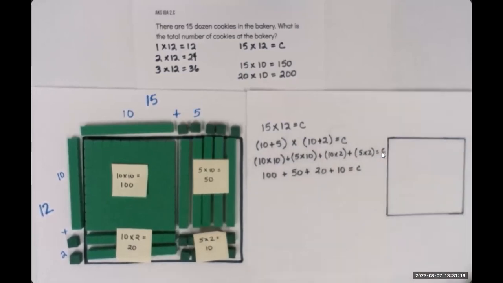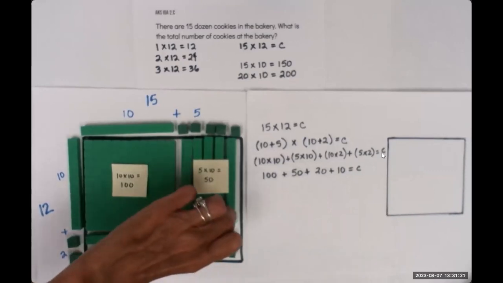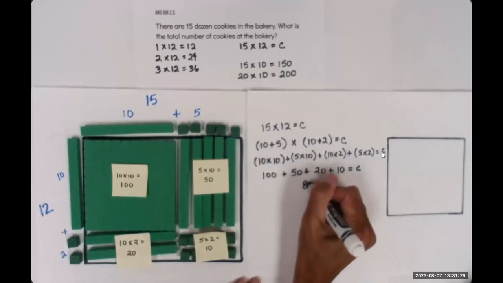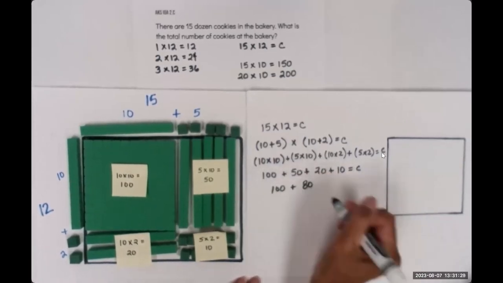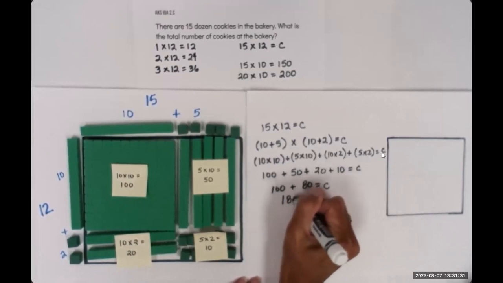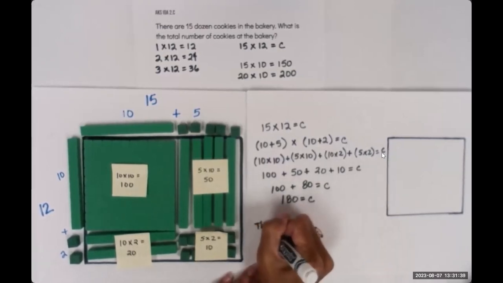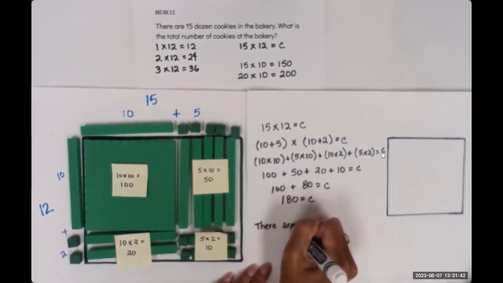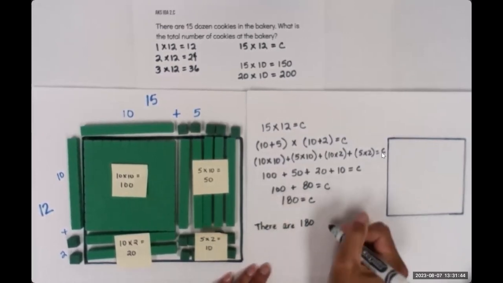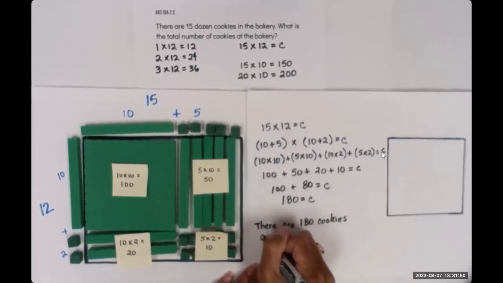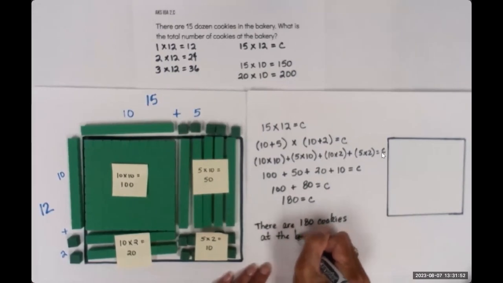All right, so when I add those partial products together, I can see 50 and 20 is 70, plus 10 more is 80. And when I add 80 to 100, I solve the solution 180. So this tells me there are 180 cookies at the bakery.